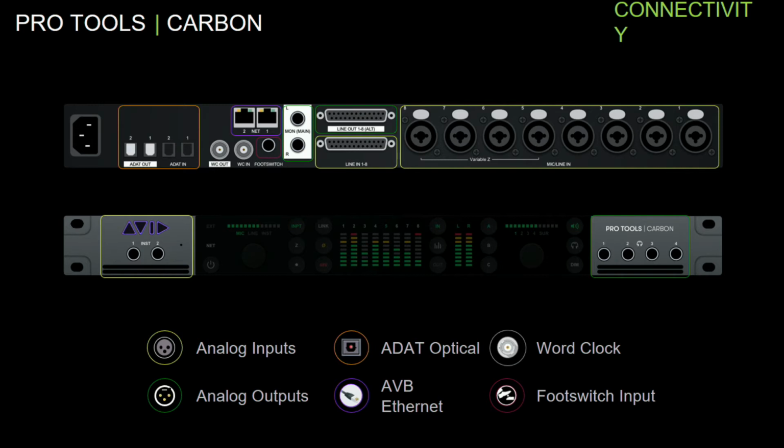We have a dedicated stereo monitor output. We've got 8 line outputs. We've got 4 headphone outputs. And we have 16 channels of ADAT, both input and output.